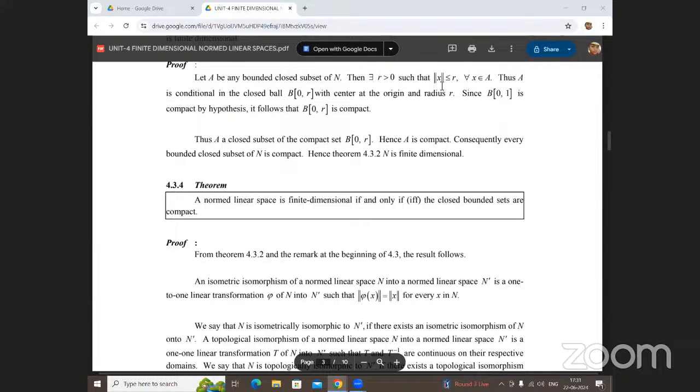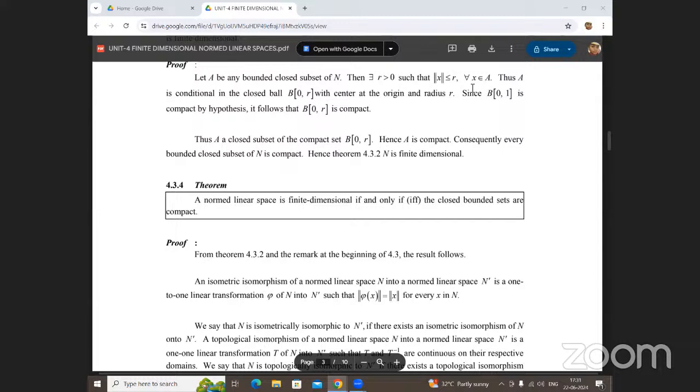Here the center is the origin, and the norm is defined from the origin. Now the distance, the norm, is less than or equal to r, where r is the radius. When we discuss the radius, automatically that is the closed ball. Closed ball means closed sphere.